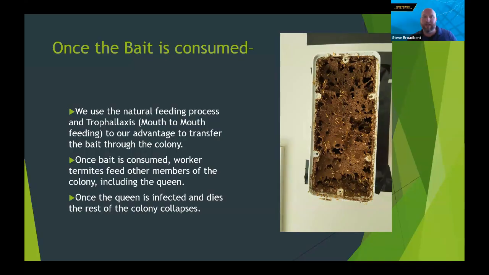They're consuming the bait, or the cellulose with the bait in it, and turning it into a sugar inside their gut. They then feed the rest of the colony, all the way back to the queen. Once that queen is infected and dies, the whole colony collapses around that. It's important to note that once the queen has died, it can take some time for the rest of the colony to decline, so you just need to be prepared for that.